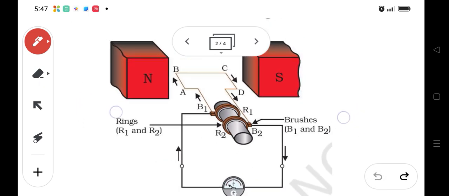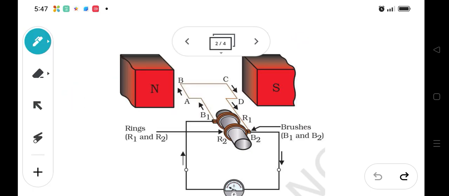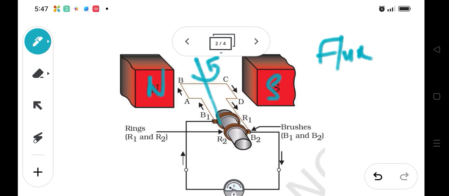These are field lines, and this armature coil, which is here, we are rotating it. When we are rotating it, the flux lines link with the permanent magnets, north and south pole. The flux is cut, and as a result current is induced, and the galvanometer needle deflects, indicating the induction or generation of current.